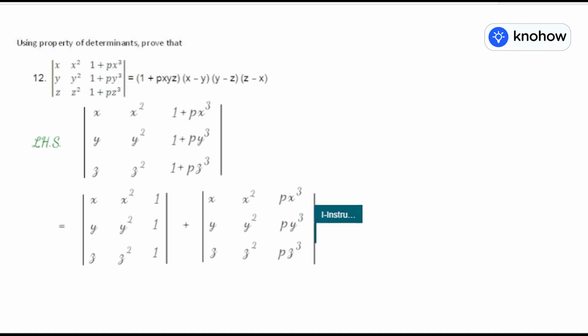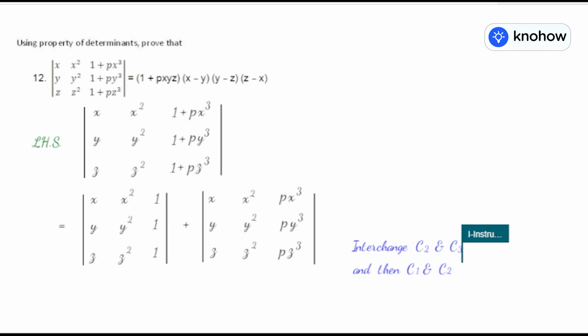This uses the property of determinants that if any row or column is expressed as a sum of two elements, then we can express it as a sum of two determinants, separating the one which is expressed as a sum and keeping the other rows or columns the same. Now in the first determinant, you interchange C2 and C3, and then you change C1 and C2.